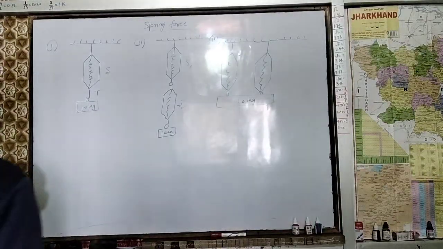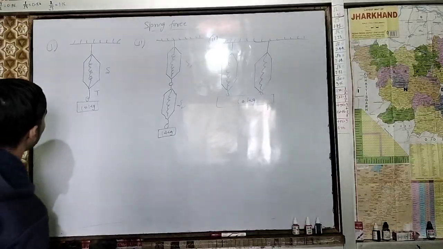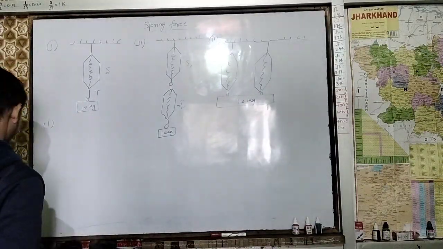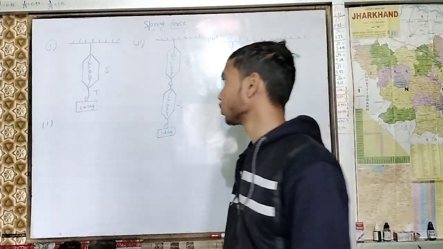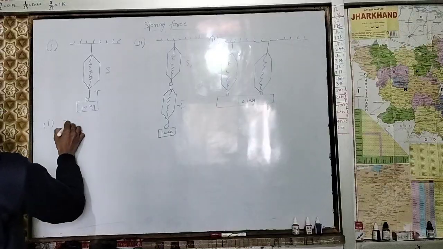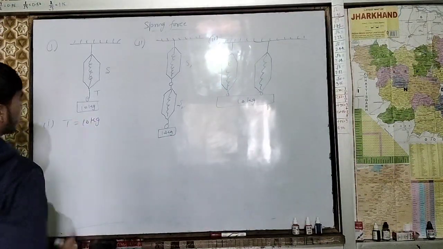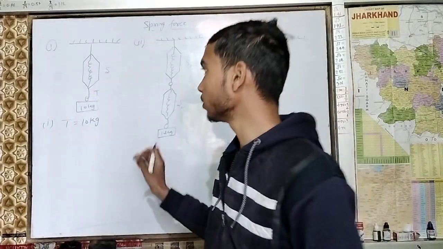For the first, a simple formula. You have to tell the reading of a spring balance. So the reading of the spring will be T equal to 10 kg. The reason is there is no acceleration. That's why T will be equal to 10 kg.